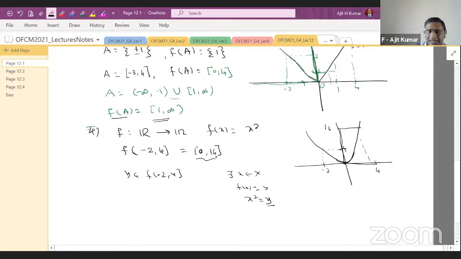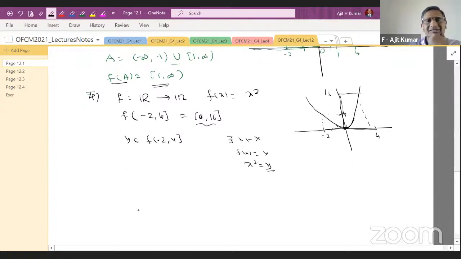That x will lie between -4 to 4, right? So already we will get some element from 0 to 4. Of course, in addition, if the y lies between -4 and 4, you will also get somewhere here. Okay, right. So that's how you can verify.